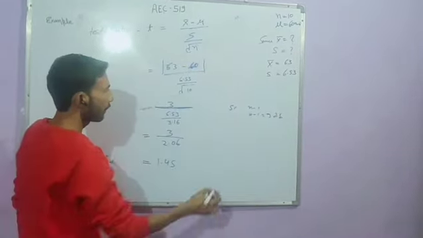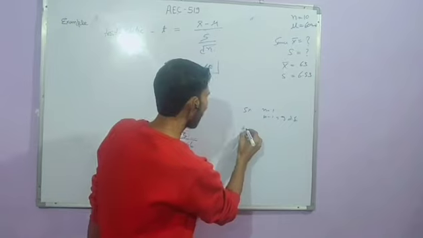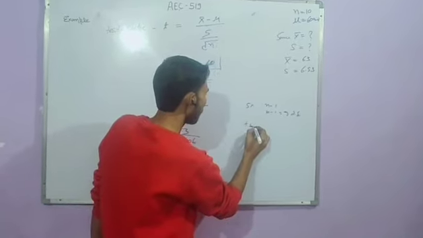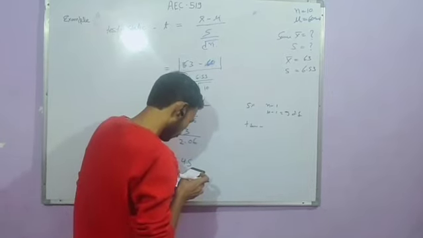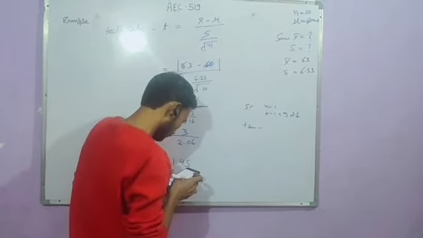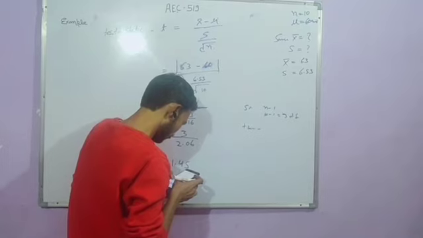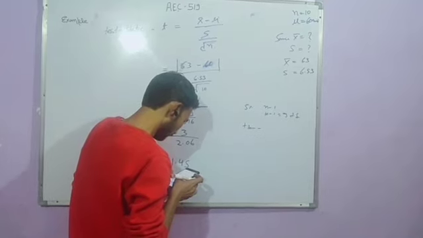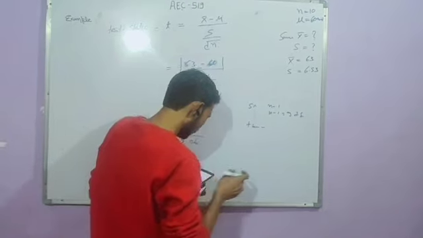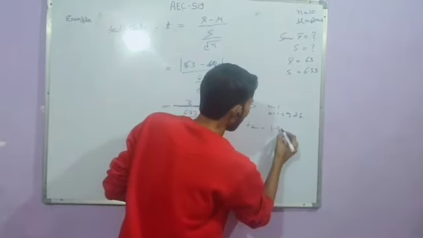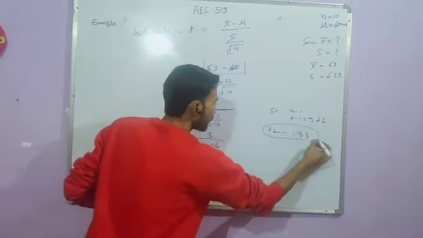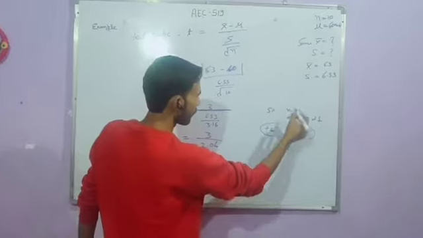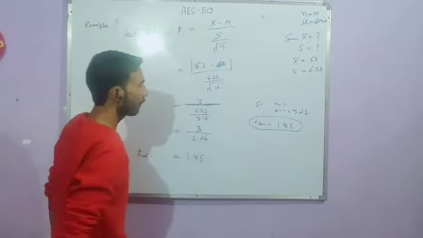So 9 degrees of freedom with 5% level, the T tabulated value is 1.83. So this is the tabulated value of T at 5% level of significance and 9 degrees of freedom.